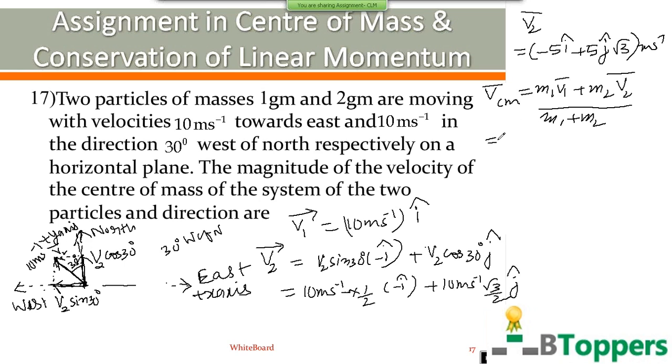The units of mass get cancelled, so it's not compulsory to convert the masses from gram to kg. m1 is 1 gram here, v1 bar equal to 10 i cap meter per second. m2 is 2 grams here, v2 bar equal to minus 5 i cap plus 5 root 3 j cap meter per second, divided by m1 plus m2, that is 1 plus 2.